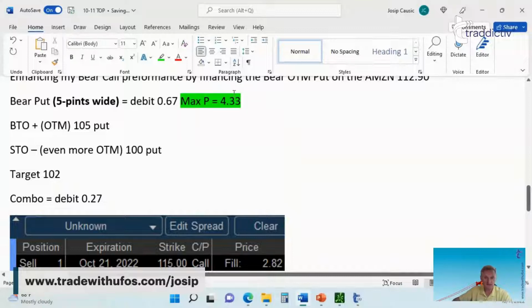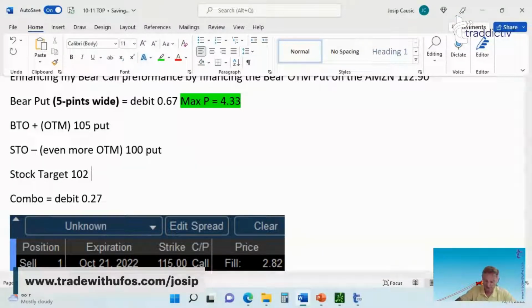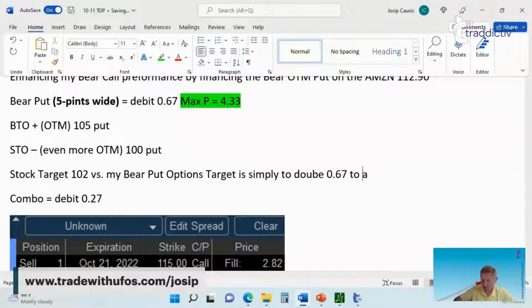But I don't mind risking $200 if I know that my bear put spread has this possibility of giving me more. Now, this is just theoretical. Be aware of it. My real target, if you want to know, this is a stock target right here. My option target, versus my bear put options target, is simply to double my 67 cents to approximately $1.30.